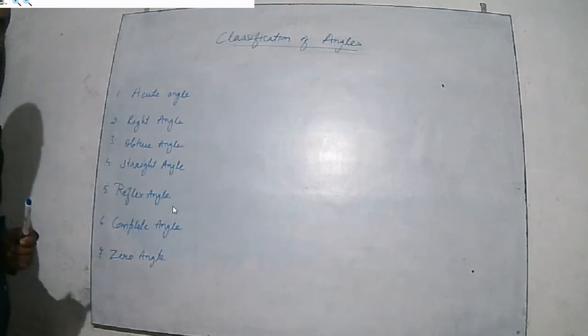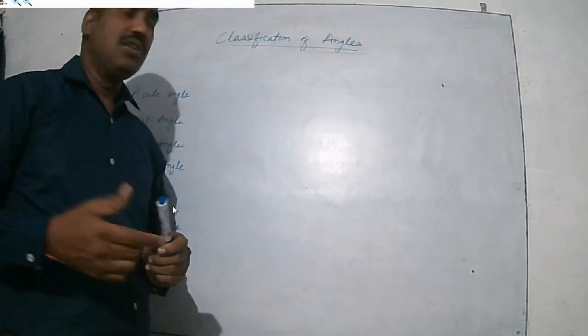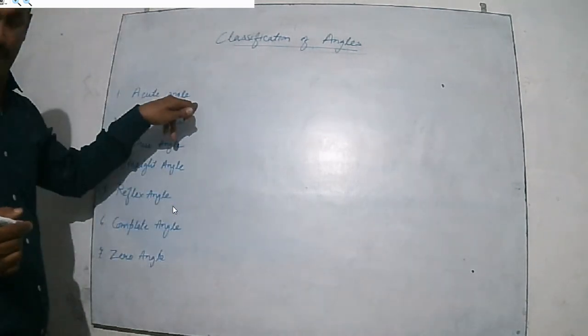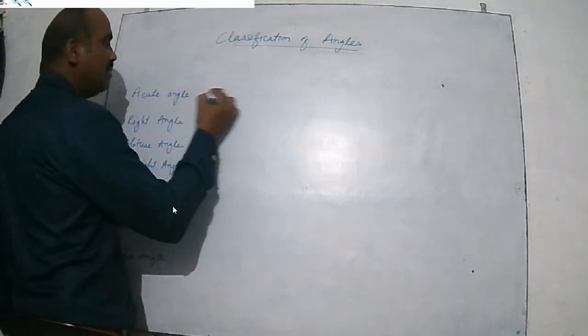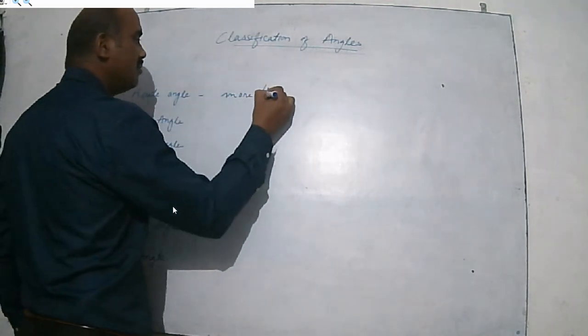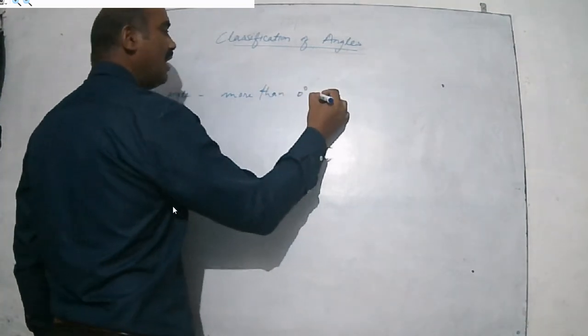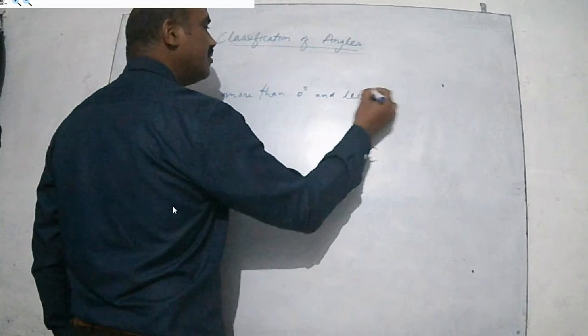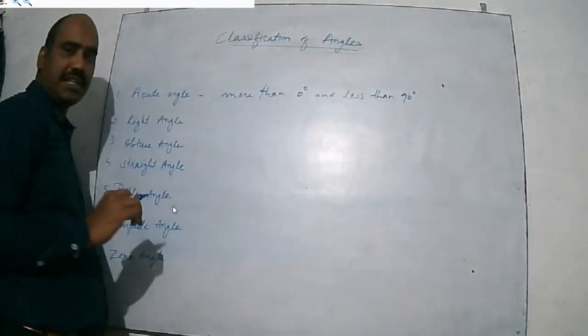So it is called acute angle. Here you can write more than 0 degree and less than 90 degree.